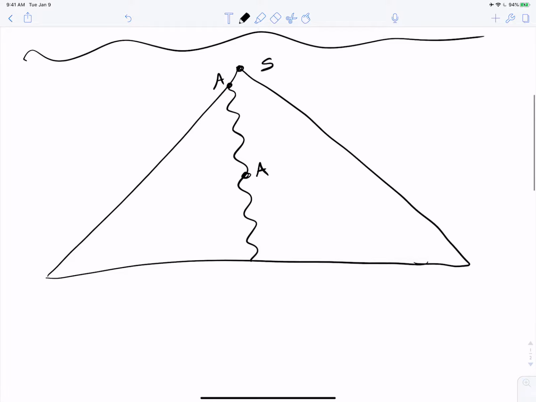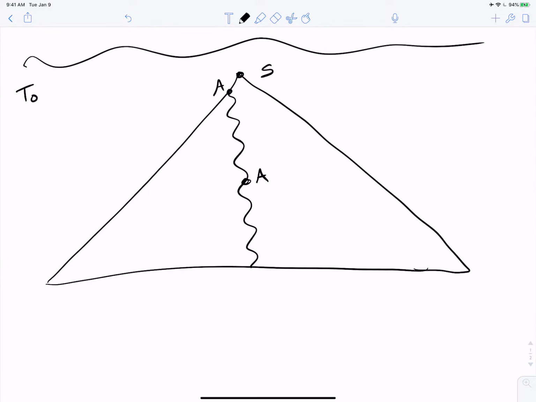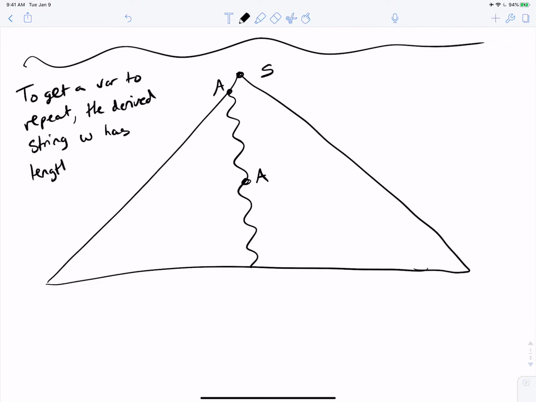Well, let's say that to get a variable to repeat, the derived string w has length at least p.